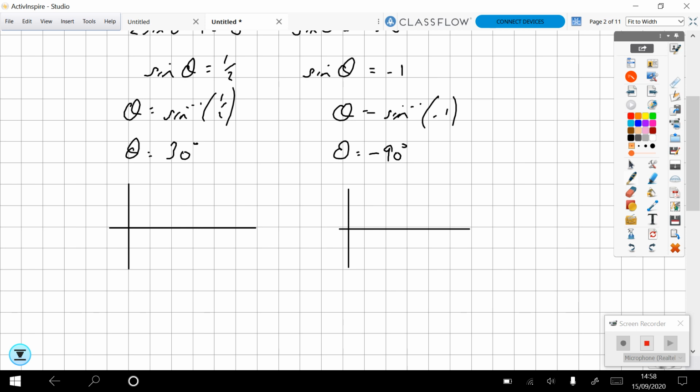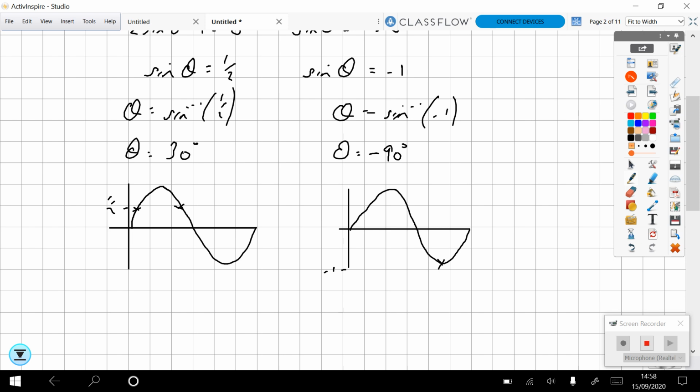We're working with sine. And here, sine of a half. I've got a solution there and a solution there. Over here, I'm interested in negative 1. I've got a solution just there.